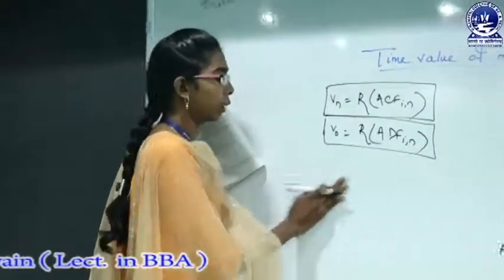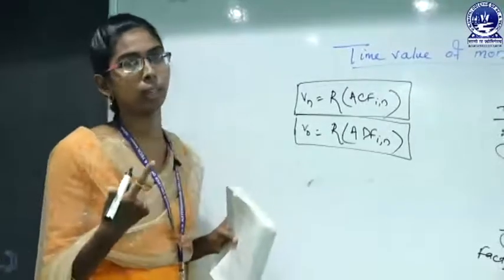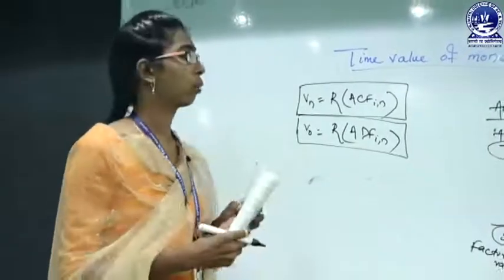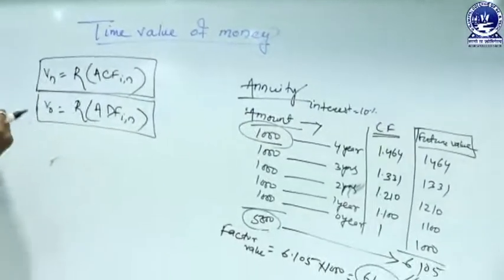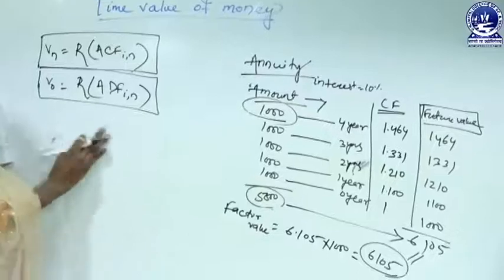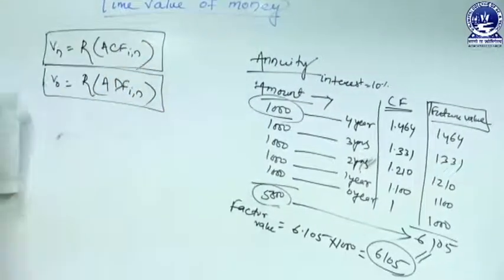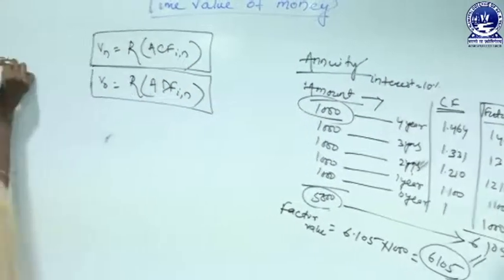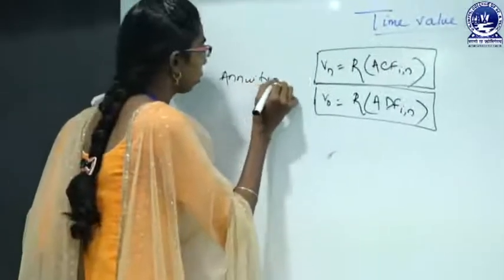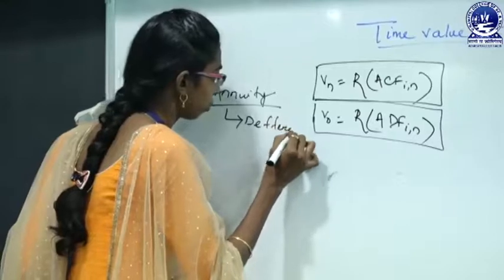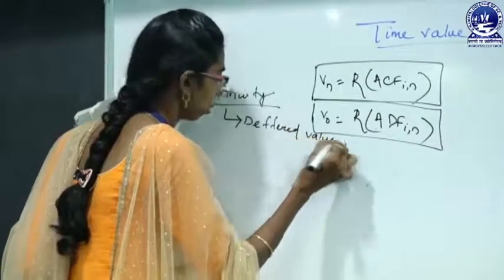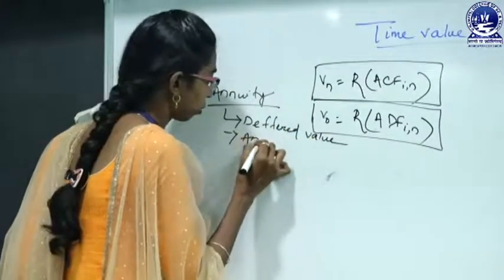We have calculated our present value factor, our future value, and we have calculated also our annuity value. The next thing is, for theoretical knowledge, this annuity can be of two types. Okay, annuity can be of two types: one is deferred value, another is annuity in due.